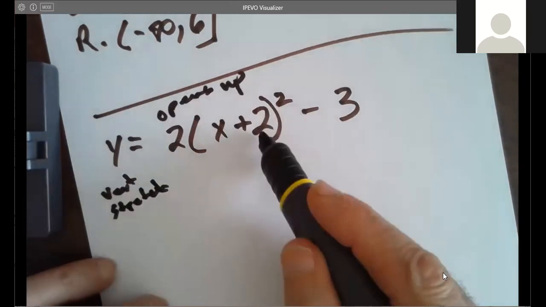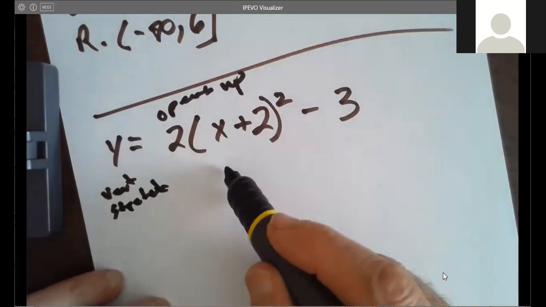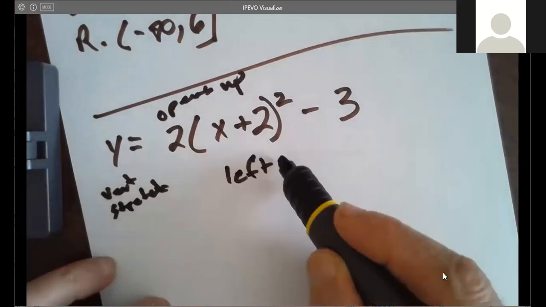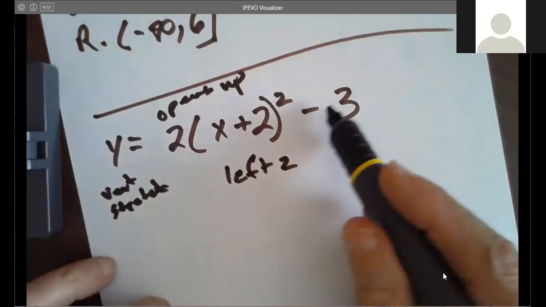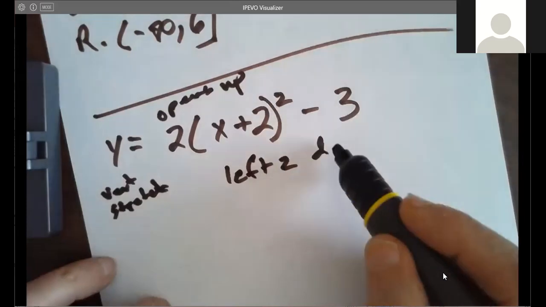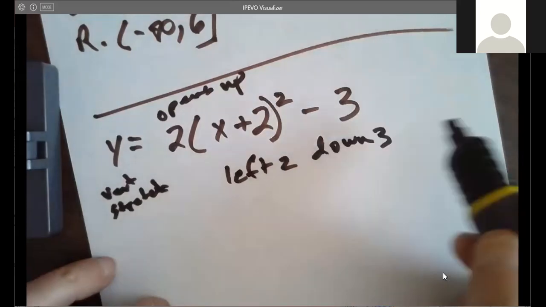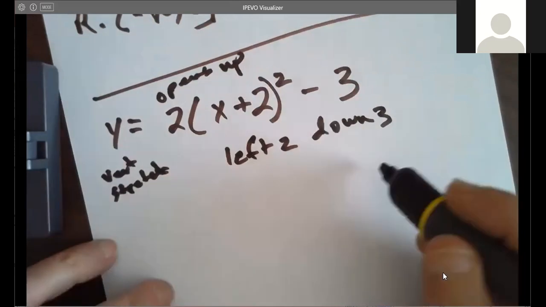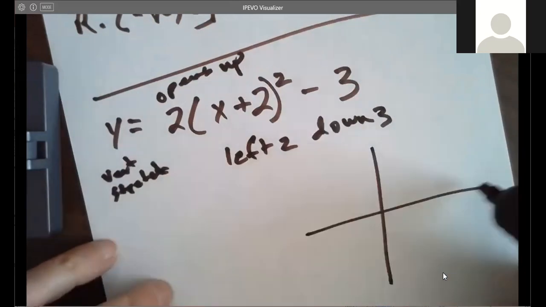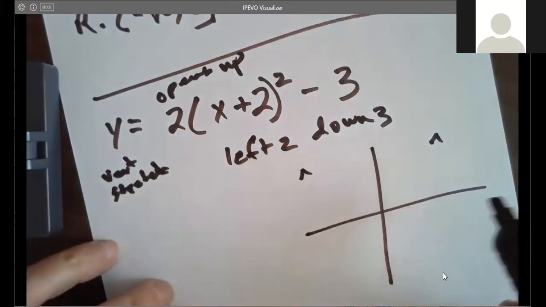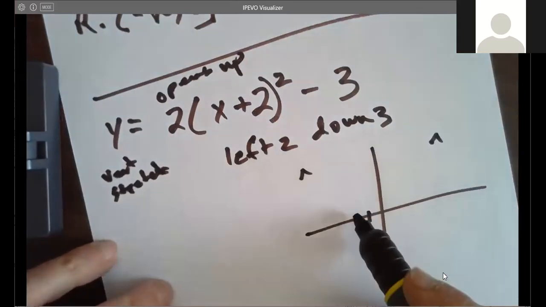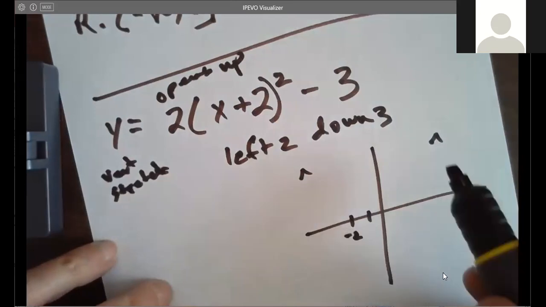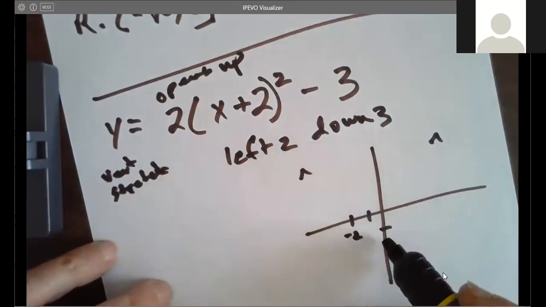Because it's x plus 2, it's going to shift left 2, and because this is outside, it'll be down 3. So we know it opens up, and it's going to shift to the left 1, 2, and down 3: 1, 2, 3.